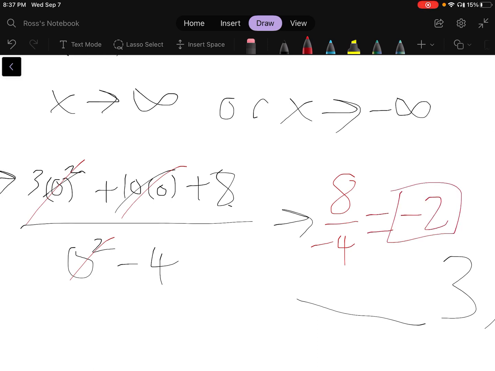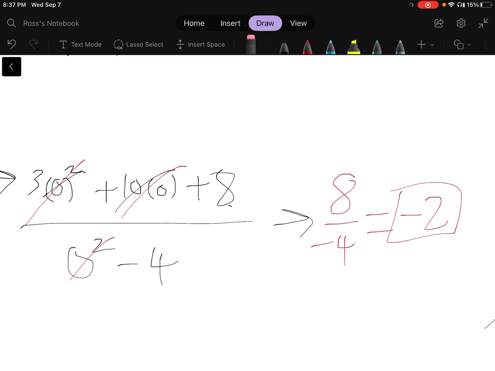Let me clear some of this out just to make this cleaner. So that means my y-intercept is at (0, -2), right? When I plug in 0, I get negative 2. This is my y-intercept. So y-intercept is easy in that way.